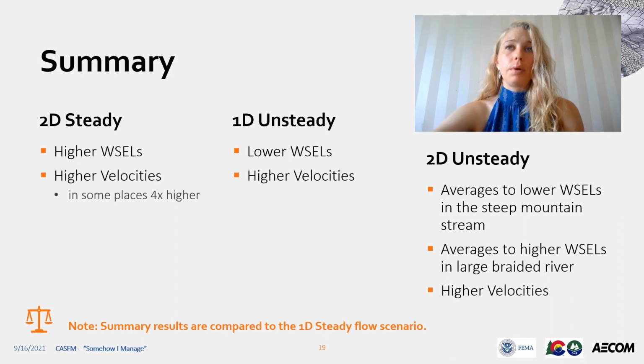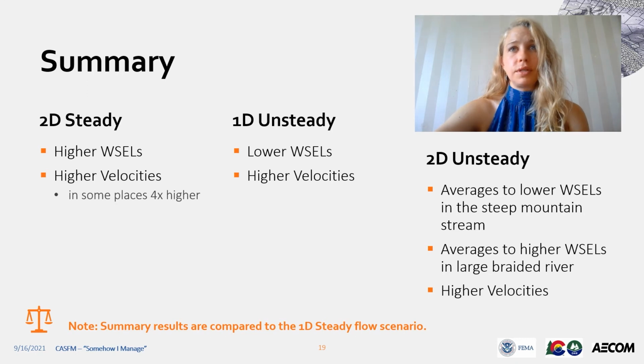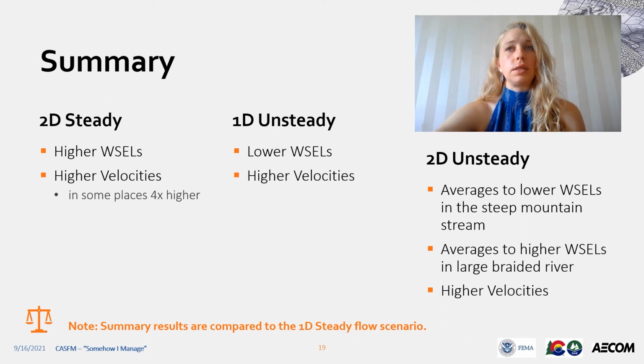But as noted previously, these were relatively higher and could be due to differences in the finite volume calculation. For the 2D unsteady, we saw lower average water surface elevations in the steep mountain streams, but higher water surface elevations in the large braided rivers.